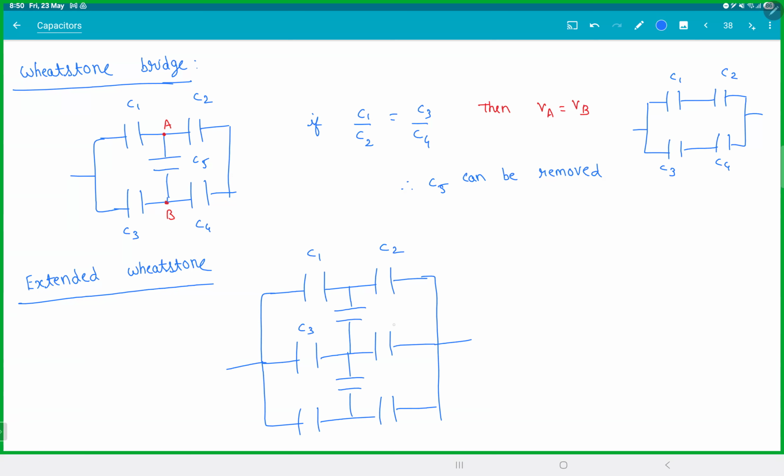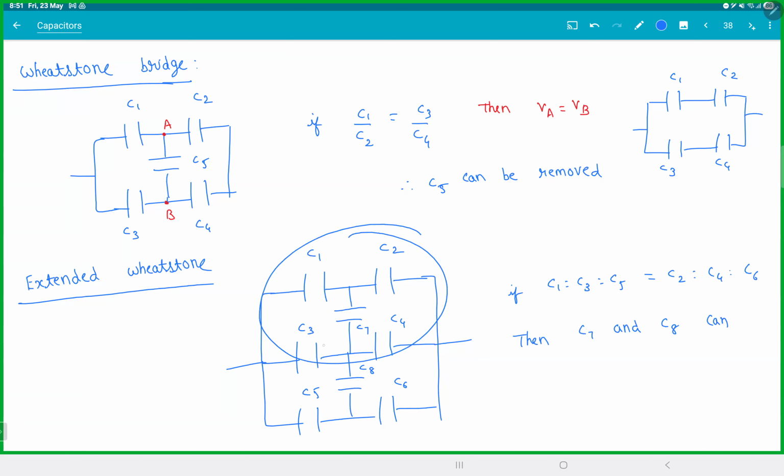If C1 is to C3 is to C5, and C2 is to C4 is to C6, if the entire condition is satisfied, then C7 and C8 can be removed. Now be careful, if only this condition is satisfied, but C3 by C5, C4 by C6 is not satisfied, then you can't even remove C7. Because if you can't remove this, that means C3 will get affected because of C5 and C8. So C1 by C3 won't match with C2 by C4 anymore. So either you remove C7, C8 or you don't remove any one.